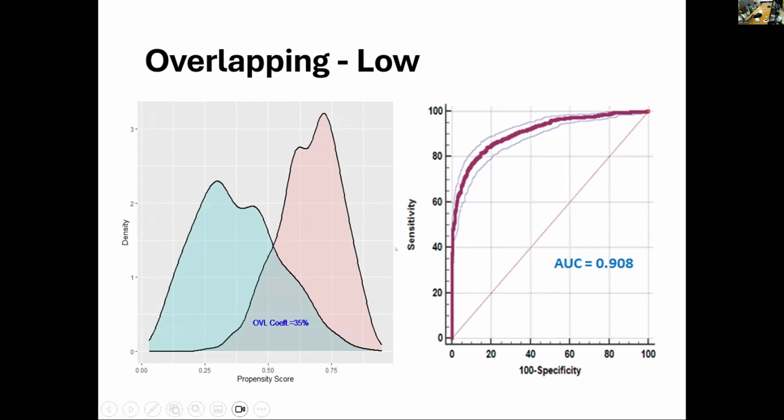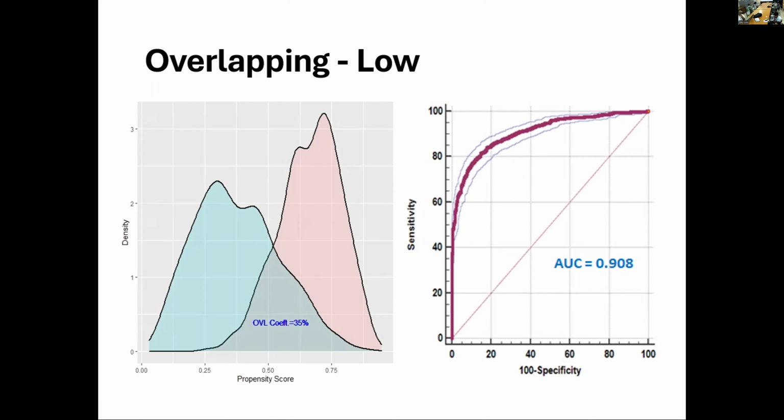For example, we simulated data. MALAVIKA simulated the data. The overlap is only 35%. And see, when the overlap is less, the AUC is very good. That means when the overlap is less, you have to do PSA. That is the message.